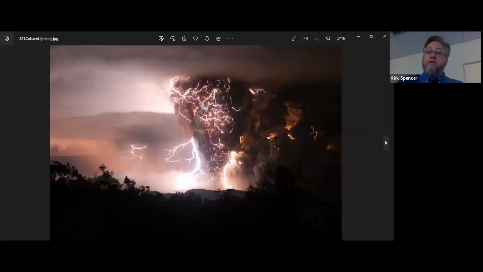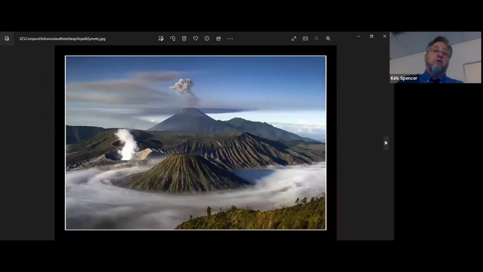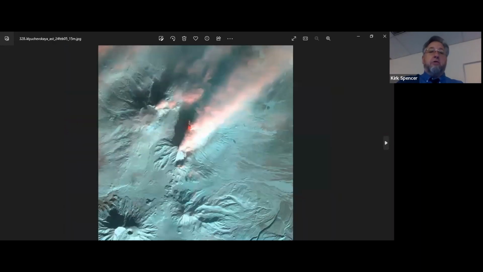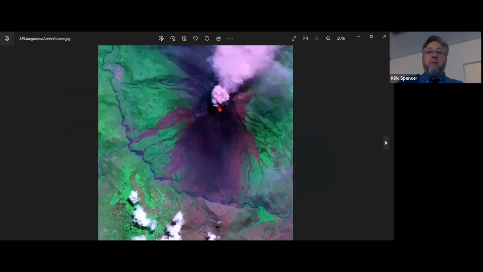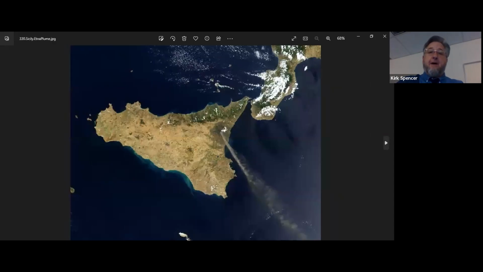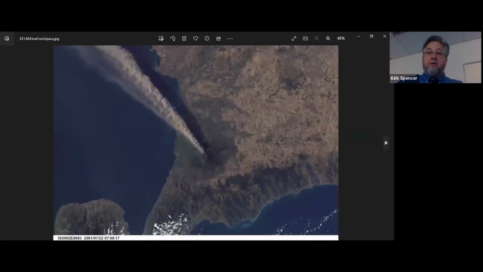Oftentimes during eruptions, because you have movements in the air masses, and a lot of static electricity from the pyroclastics, you can create extremely beautiful lightning shows. Anyway, strata cones, Indonesia, you see the pyroclastics rising. This is Mount Etna in Sicily. See the plume there, this is Sicily. Mount Etna, very large volcano with the pyroclastics.